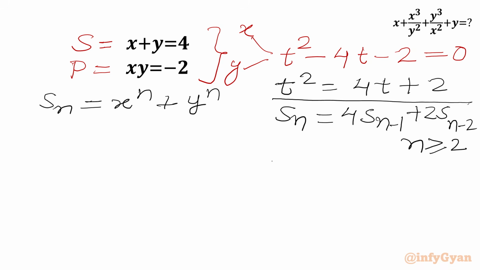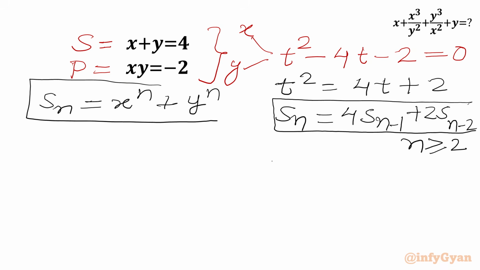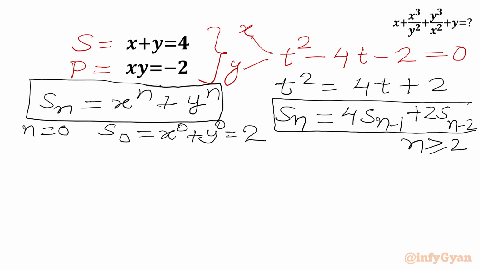Now I will put n equal to 0. So I will get S0, which will be equal to x power 0 plus y power 0, 1 plus 1, 2. Now I will put n equal to 1. So we will get S1 equal to x power 1 plus y power 1, which will be x plus y. As per equation 1, the value is 4.